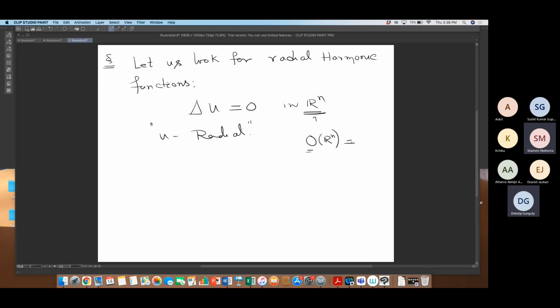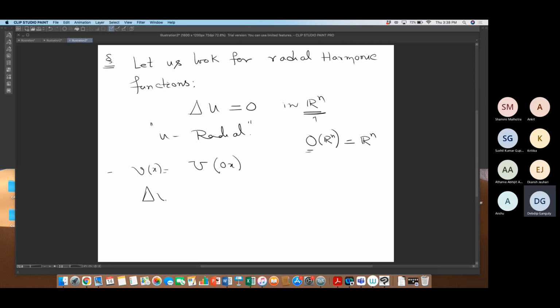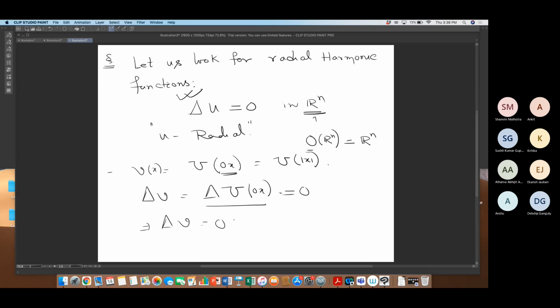Also I have given you a problem: if I define V of x equal to U of O of x, then Laplacian of V is nothing but Laplacian of U at the point O of x, which is equal to 0. So if this is 0, Laplacian V is also 0. So we can look for a radial solution of this equation. Yes or no? Yes, sir.